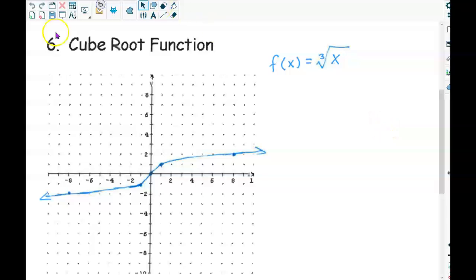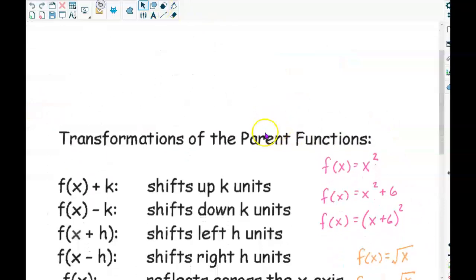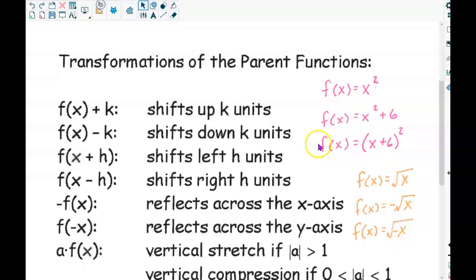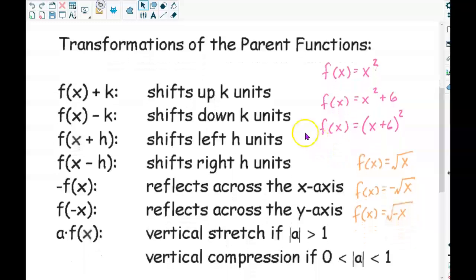You have to memorize these. That's part of it. Some of you haven't really memorized these, and if you don't, it's going to be different. I've given you everything here. What does K do? Shifts it up. What does negative K do? Down. Plus H means it's shifted left H. Minus H means right.